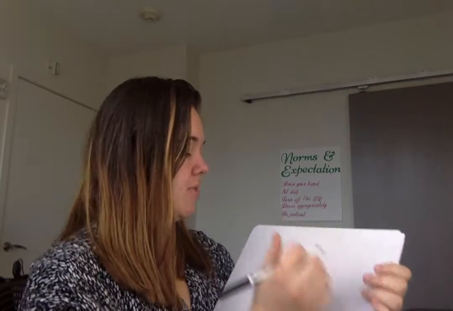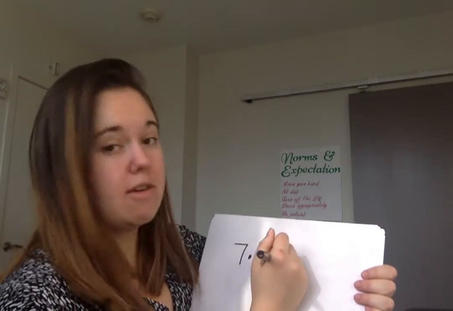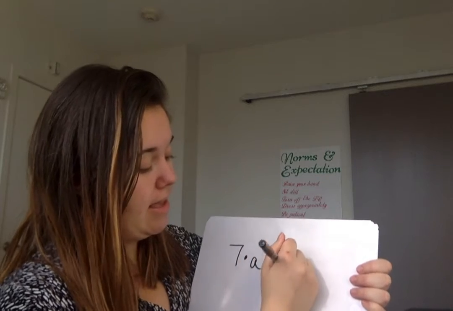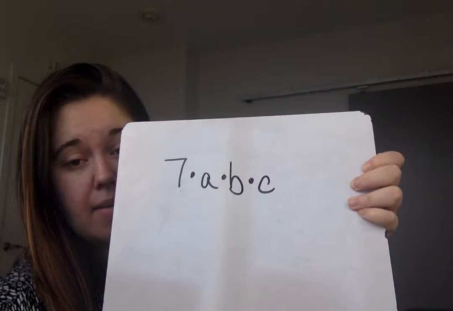Move on to B. 7ABC. I like that they've got that in alphabetical order, and it's super obvious. So we've got our number 7, our variable A, variable B, and variable C. 7 times A times B times C. Great.